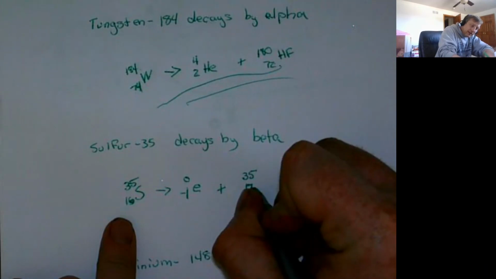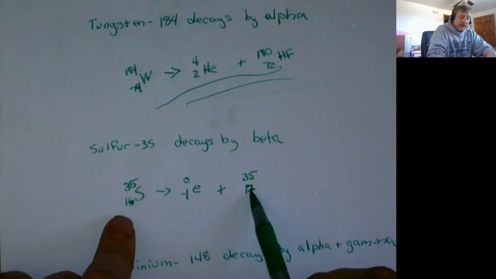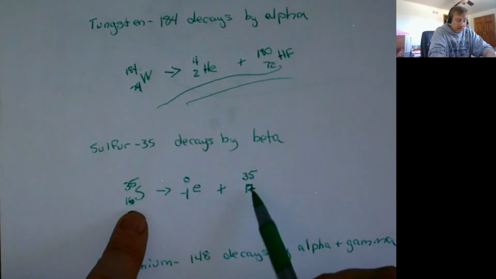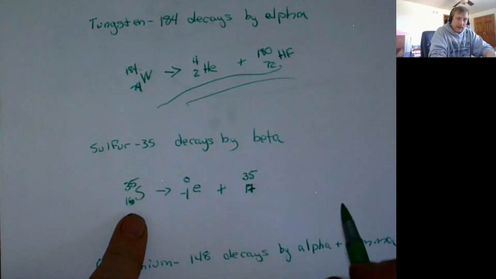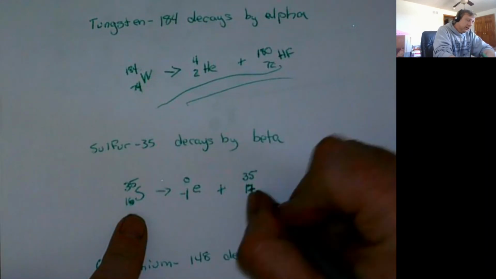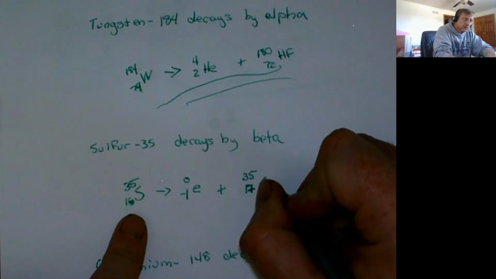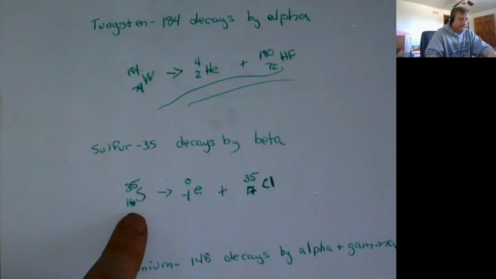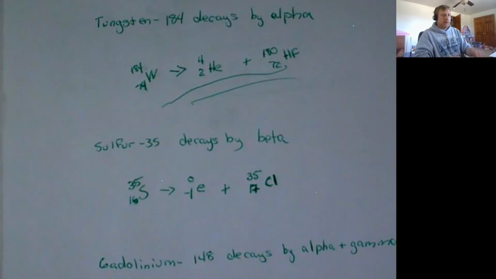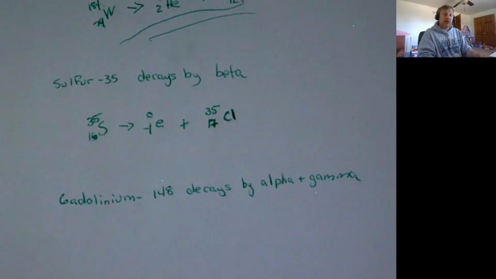And you can see then that the actual atomic identity changes here. This becomes a new element that has a new number of protons, 17 protons. And so then we look up the element that has 17 protons, and we find out that that is chlorine. And there's our sulfur 35 decay by beta.